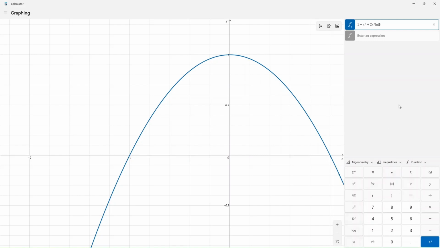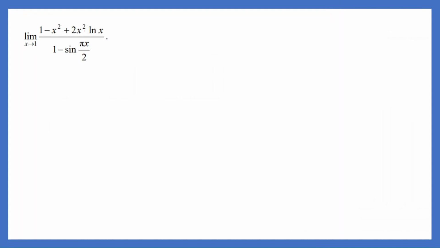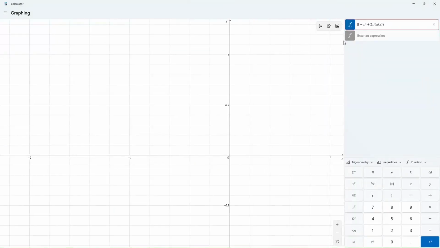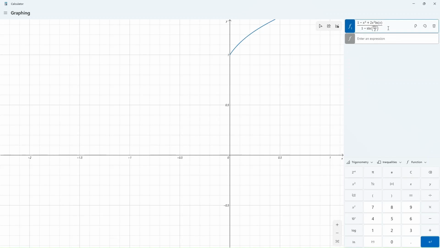So that's the numerator. And I will now divide this whole thing by 1 minus sine pi x by 2. So there we go, that's the function.